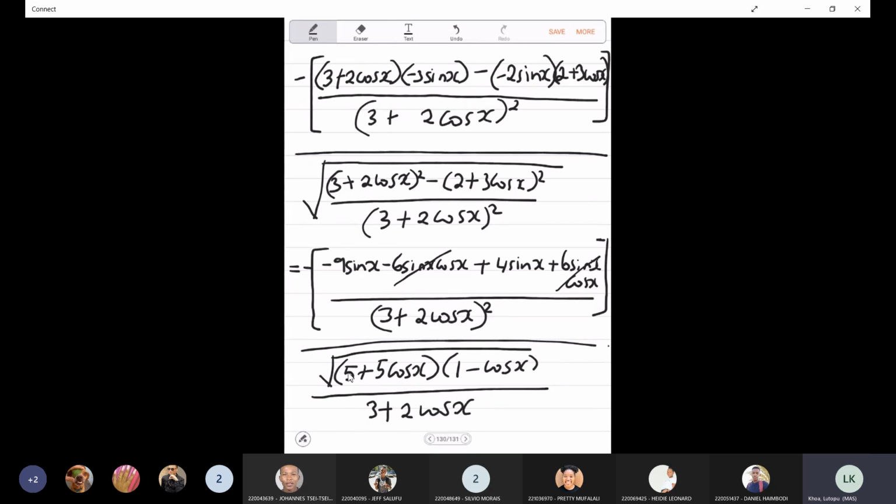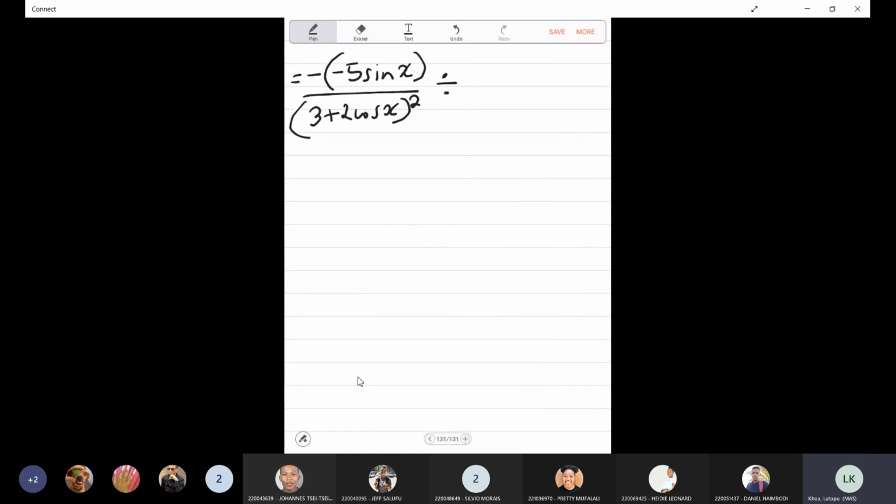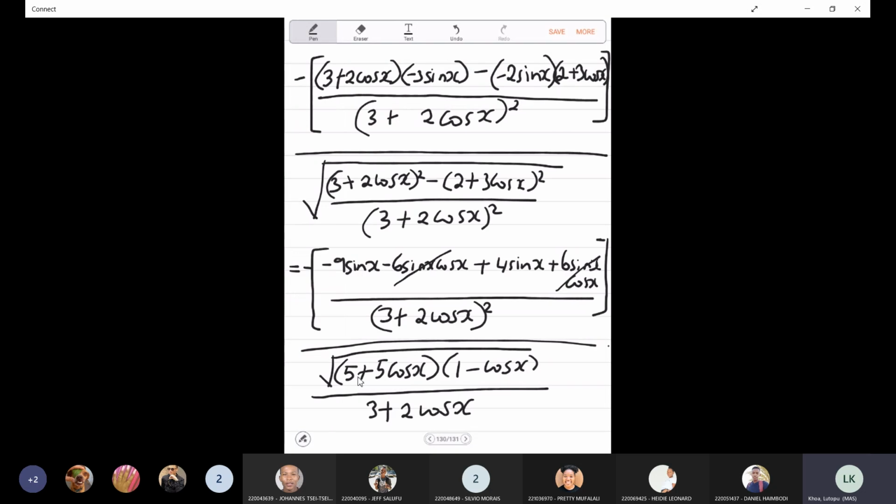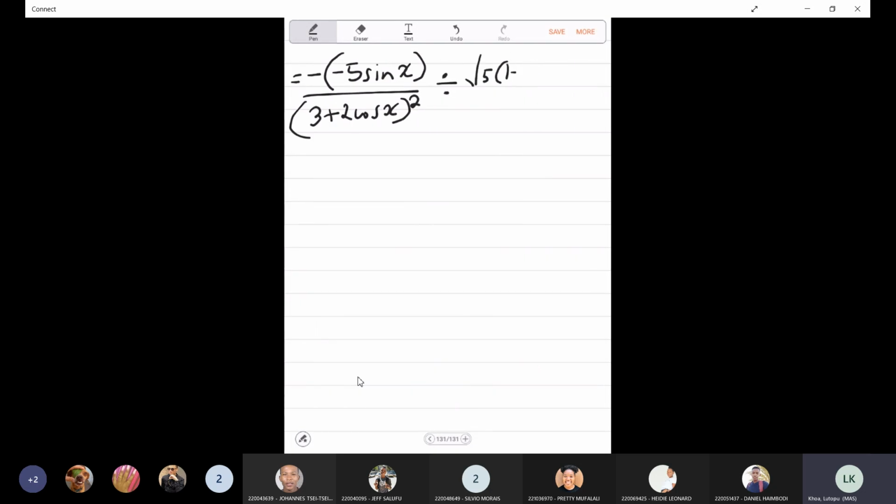So we said we can factor out the 5, the square root of 5. 1 plus cos x, 1 minus cos x, and then in the denominator we have 3 plus 2.